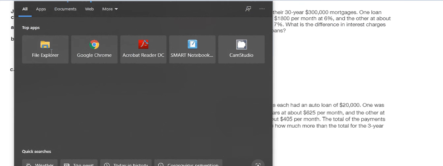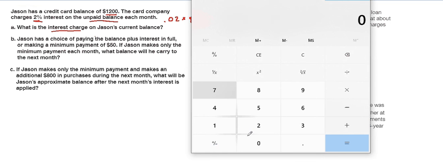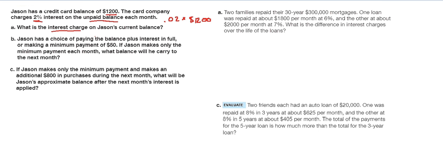I know I could do this longhand, but 2/100ths times the $1,200 in balance is $24. That's the answer they're looking for, letter A, $24.